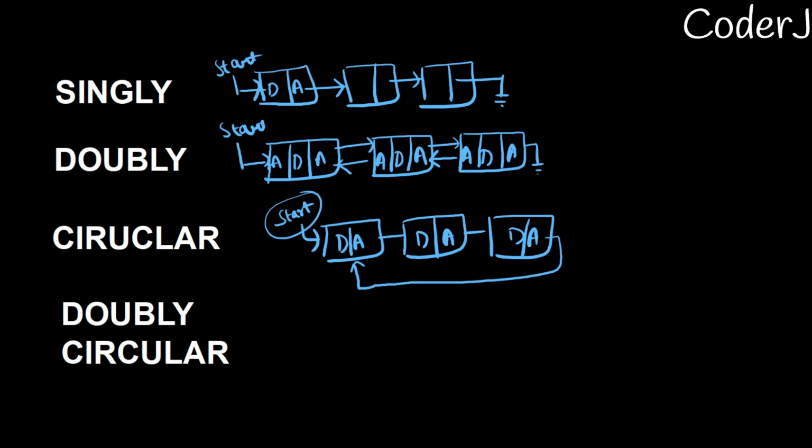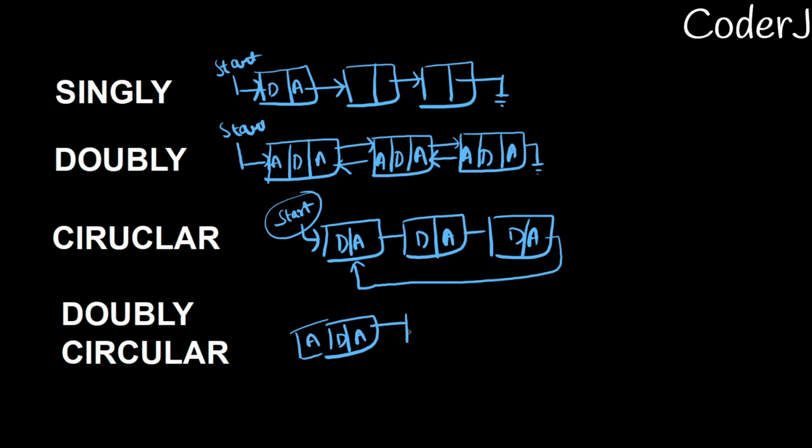Now what about doubly circular? Just multiply doubly and circular, and you will literally get doubly circular. So here you will have nodes that have, my bad, three fields. So here you have three fields again, indicating that it's a doubly linked list.